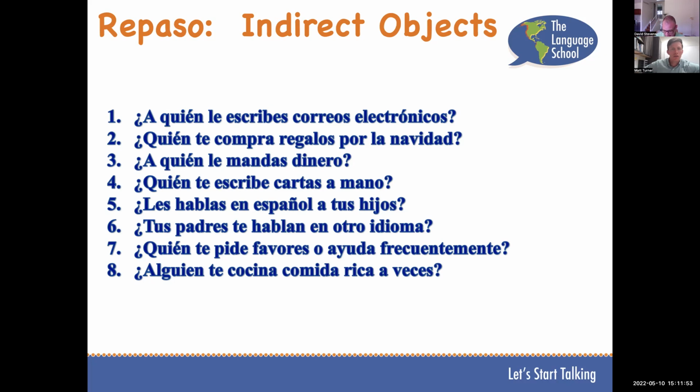¿A quién le mandas dinero? No le mando dinero. A nadie.